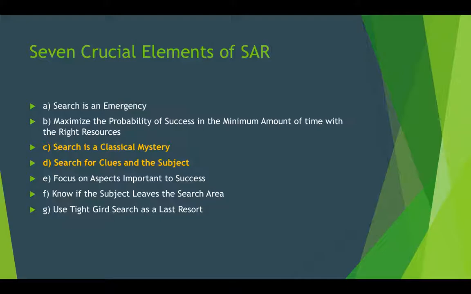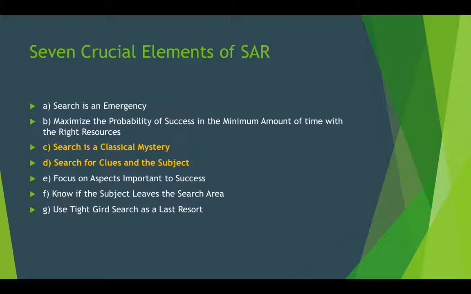This becomes relevant for what we're doing here because clue awareness is part of trying to uncover the mystery of the lost person. Fourth, search for clues and the subject. In this particular lecture, we're going to talk in some detail about the clue aspect of search and rescue as much as looking for the subject, him or herself. Fifth, focus on aspects important to success.